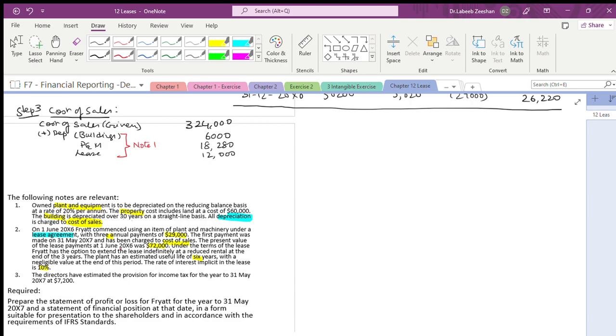When it is charged to cost of sales, you have to deduct that. How much is the lease payment? Lease payment is 29,000. Refer to point 2, line 2. How much will you get? Tell me fast.